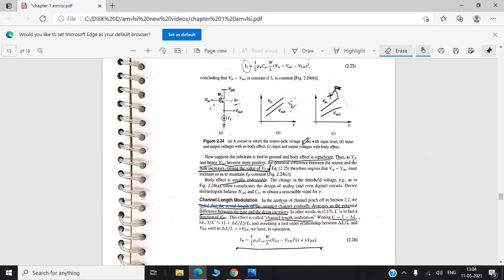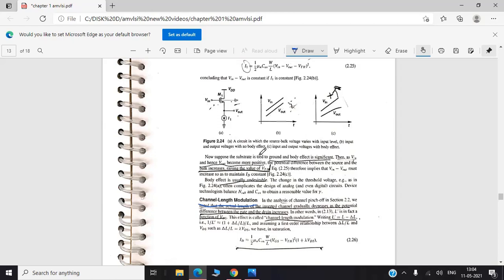Here you can see, suppose the substrate is tied to the ground and body effect is significant, then as V in, and hence V out, becomes more positive. If we take this as an example, a transistor is connected here with V in, V out, VDD and VSS. When the substrate is grounded, it will be in parallel like this.